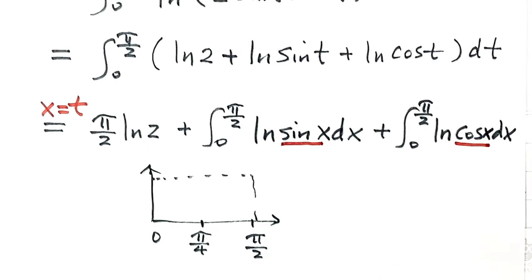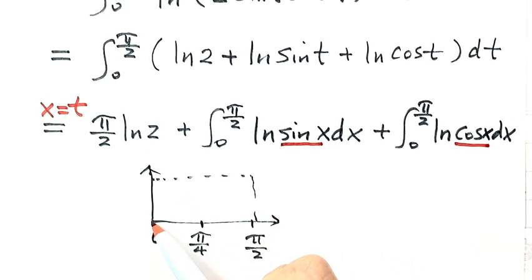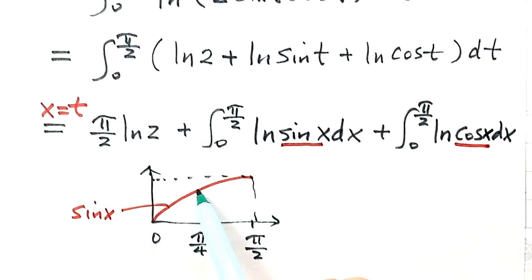This is the sine curve, and that's the cosine curve.